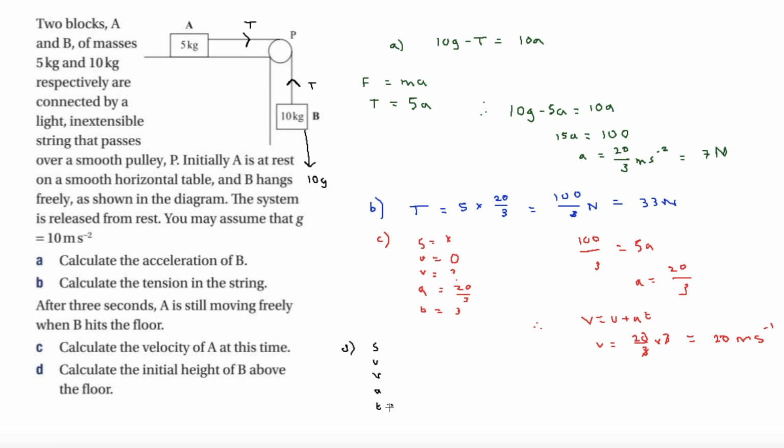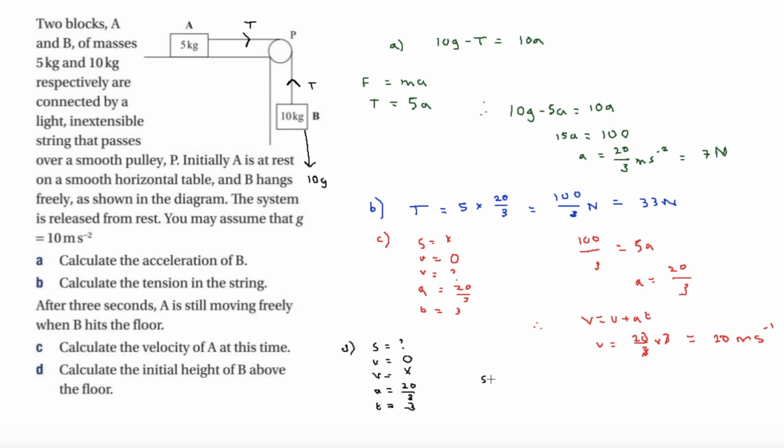So we know that T is going to be 3, and we know that A is going to be 20 over 3, same as it was for A. It's a system, that's the thing. We already know that U is 0. So S is the thing we're trying to work out.